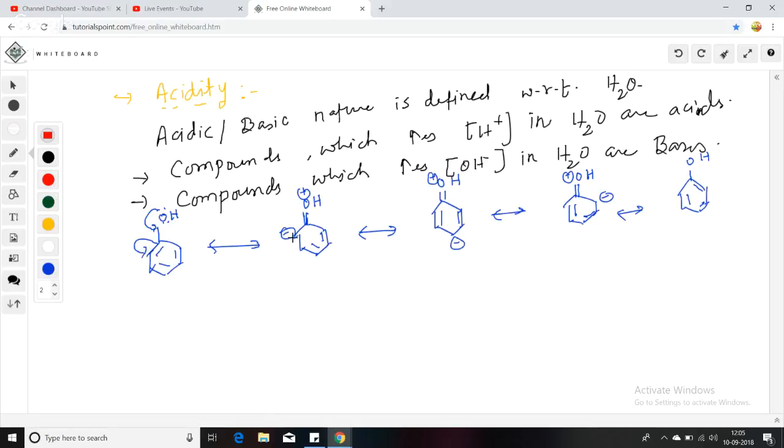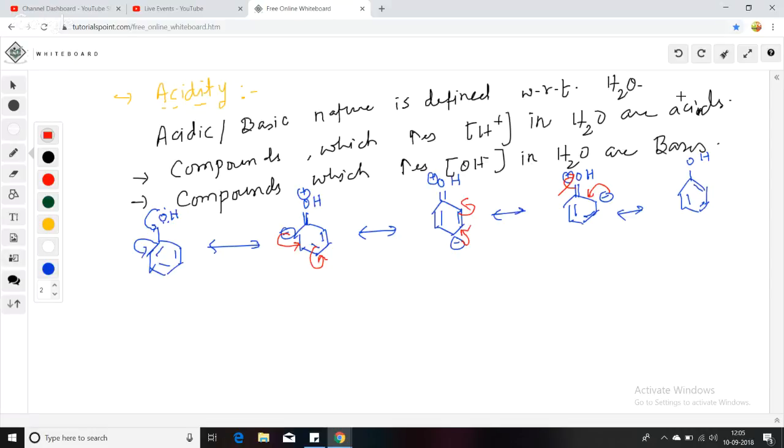So you see, this lone pair comes over here, pi electron goes here. Again, this negative charge comes over here, and this pi electron goes here, so we'll get this. Now this negative charge comes over here, and this pi electron goes here, we'll get this. Now when this pi electron goes here, and this pi electron goes here, we'll get this product. All these are resonating structures. And in these resonating structures, we are getting negative sign at ortho and para positions.